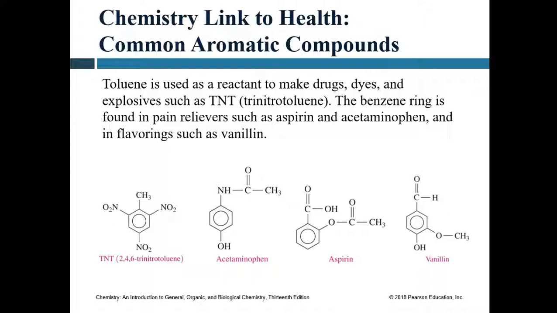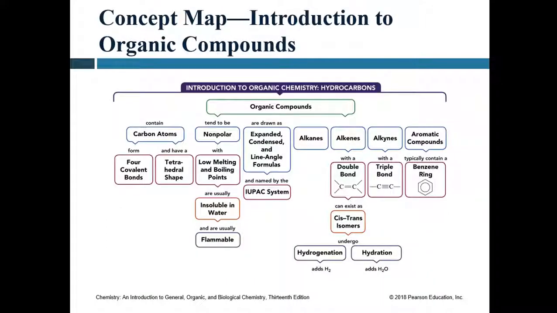But I did want to point out that our aromatic compounds are an important aspect of making our different molecules. So where do we make our aspirin or acetaminophen from? That's an important part of our hydrocarbons, being able to make our medicines and drugs from our hydrocarbons. So you'll notice our concept map, Introduction to Organic Molecules.